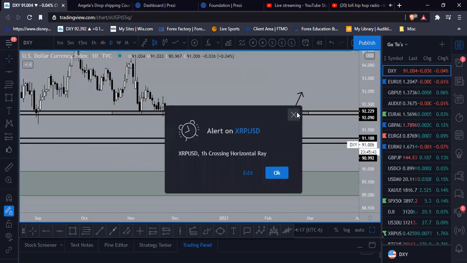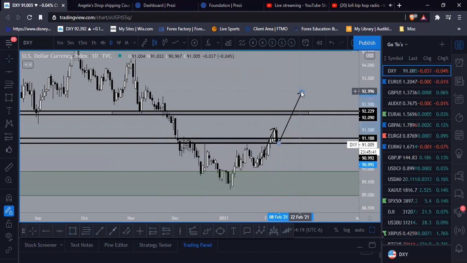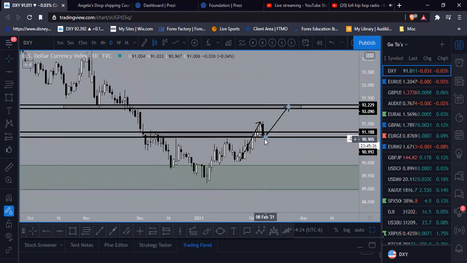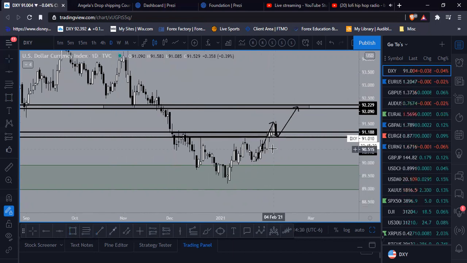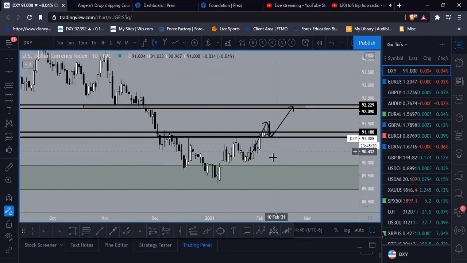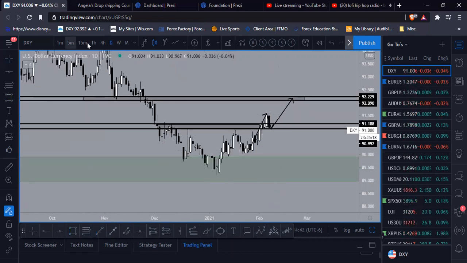I like seeing that. So I've got push, retest, continuation to the upside, coming up to the next zone at 92.229. If I could see that this week, that'd be lovely, because it would help with the pairs' move. But it may not happen until most likely next week. Overall, I still want to see this type of move happen.